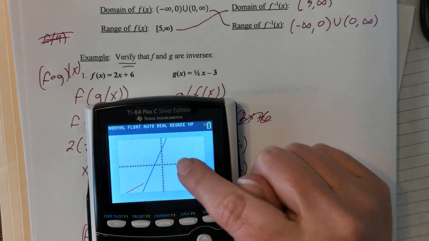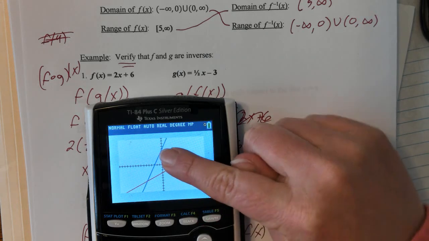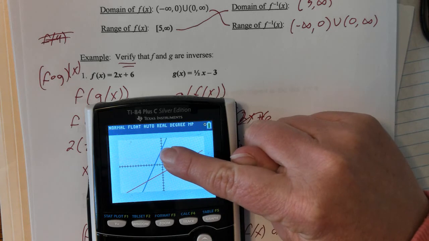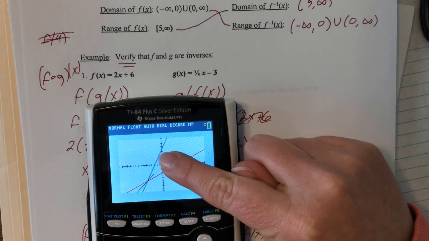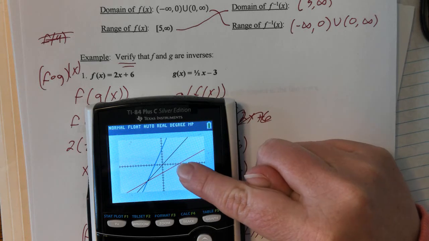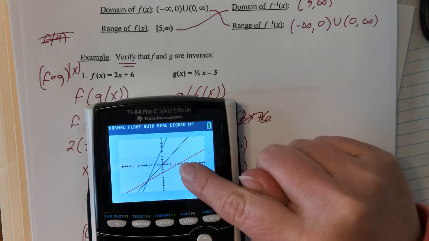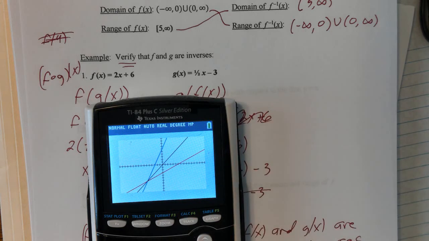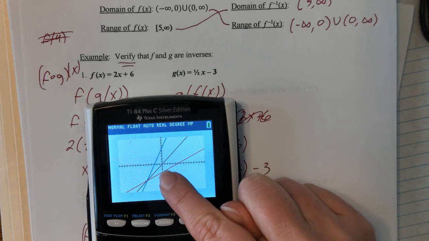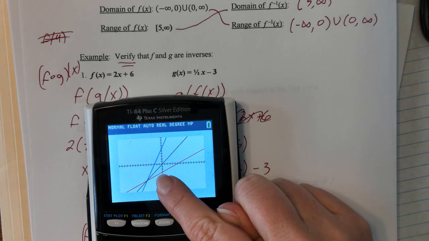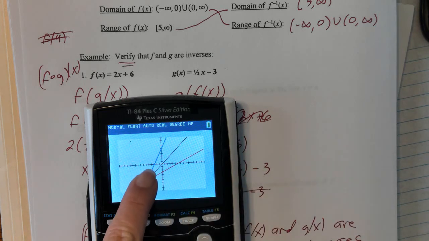So the point (0, 6) that was on the original for f of x, that means it's the point (6, 0) on the g of x function, the inverse. We traded all the x's and y's. On the g of x function, we had the point (0, negative 3). That becomes (negative 3, 0) on the f function.